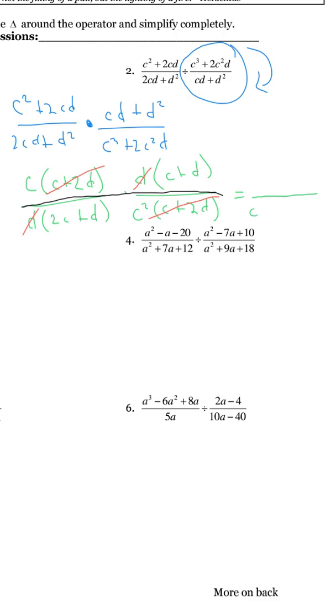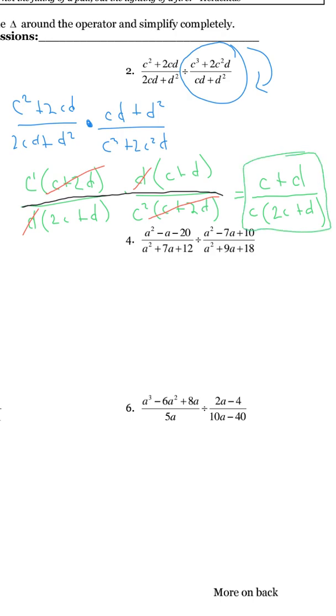So we have one c left over because 2 minus 1, I'll put that 1 there just so you can see it, is 1, and the bigger exponent was on the bottom. So we're left with c times (2c + d) on the bottom, and on the top, we're left with just c + d. And that's our final answer.